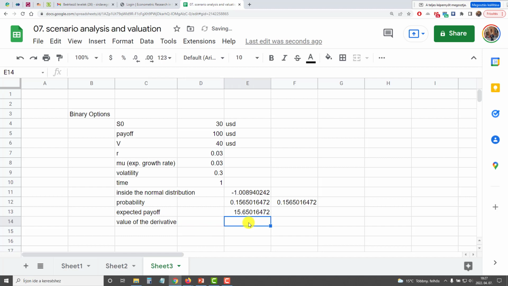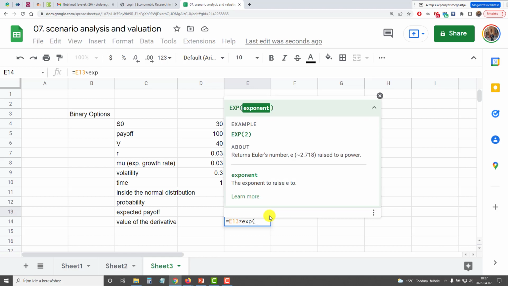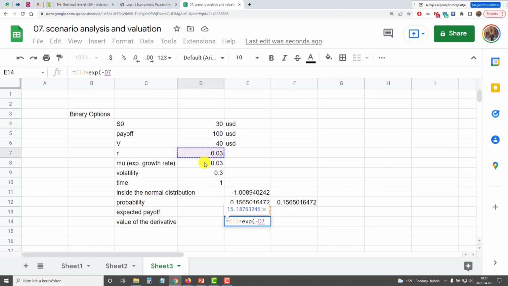So nice, the value of the derivative, actually the present value of the cash flow what we calculated, so we can say that this money multiplied by exp minus R. Okay, this is confusing, I don't like this, that's why.